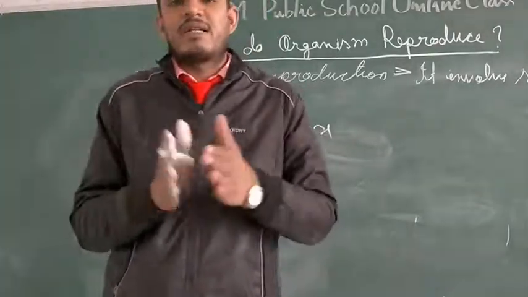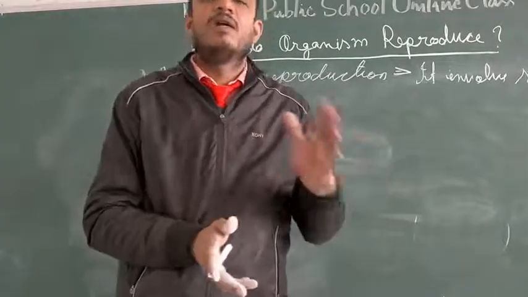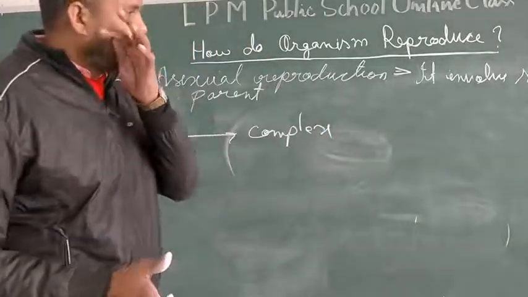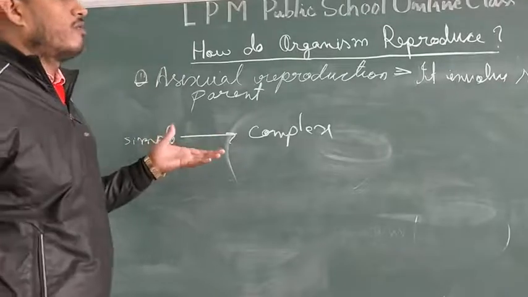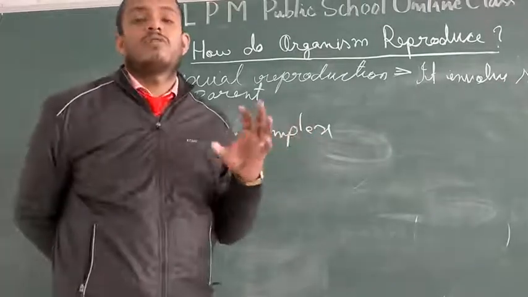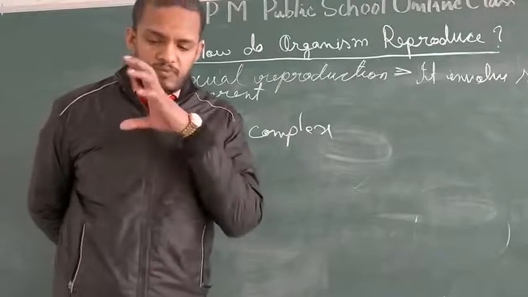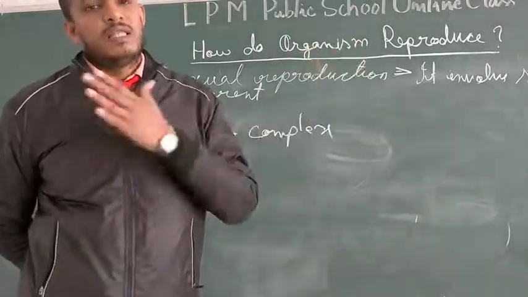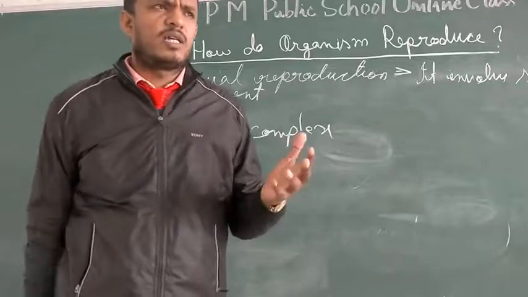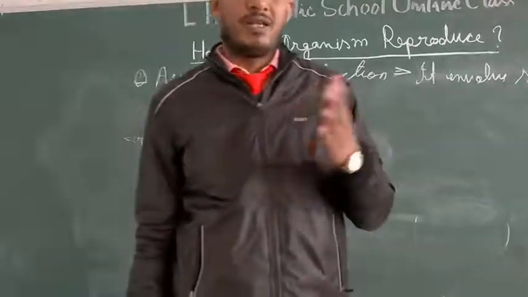So why have we categorized them into different types? The reason behind that is that all the organisms which undergo the process of asexual reproduction don't follow the same method. From simple to complex level they are moving, because there is evolution of organisms from the simple to the complex.